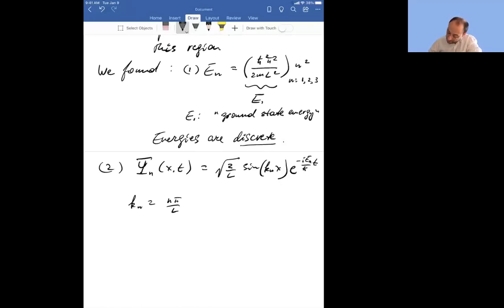So these are full wave functions of a particle in a box with specific energies.